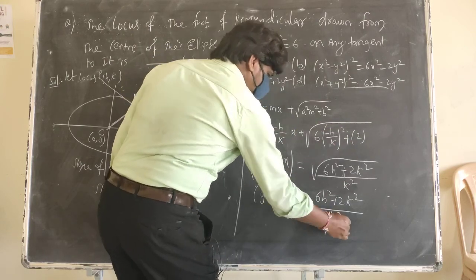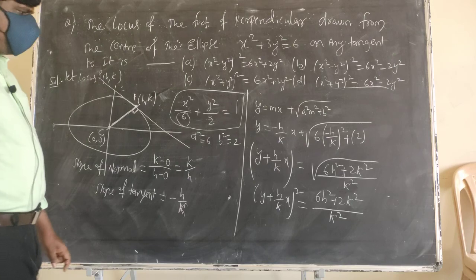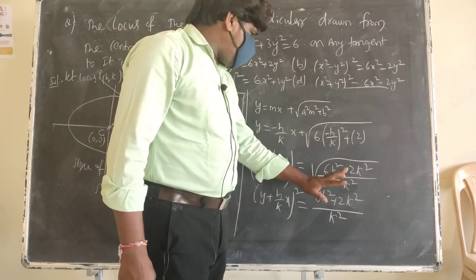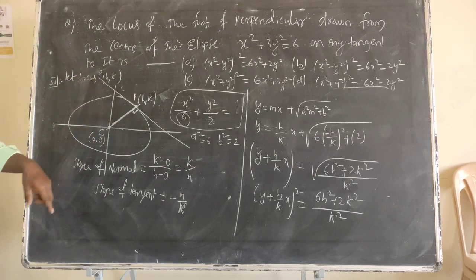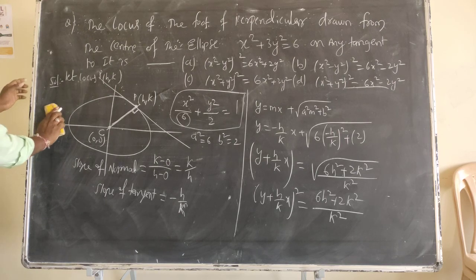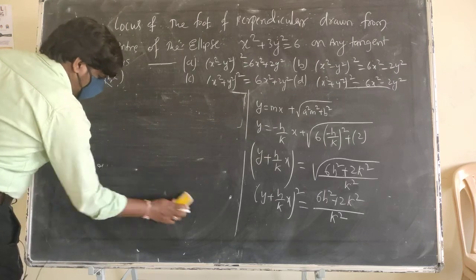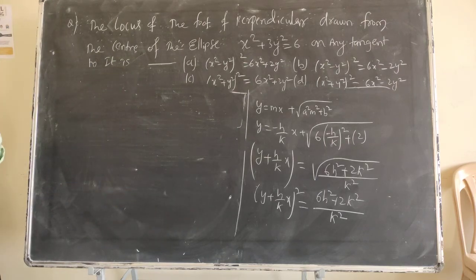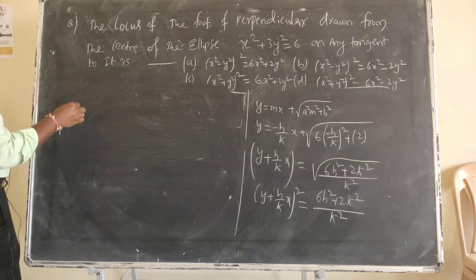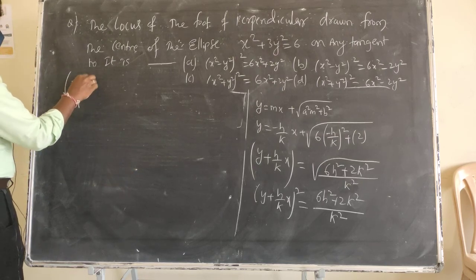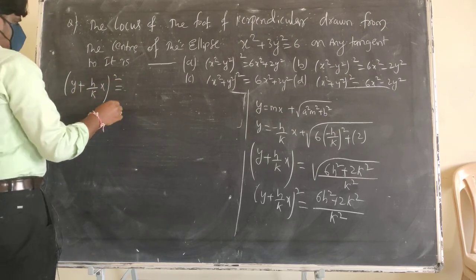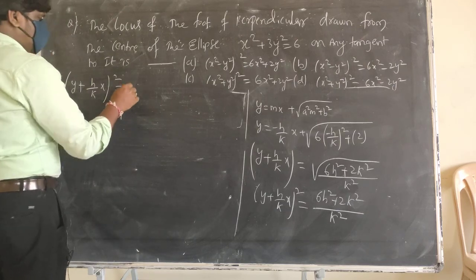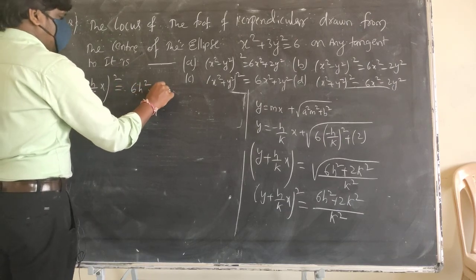So now if you simplify this, we can use two or three methods. I will tell you another method also. Multiplying by k square, this can be written as y plus h by k into x whole square into k square is equal to 6h square plus 2k square.